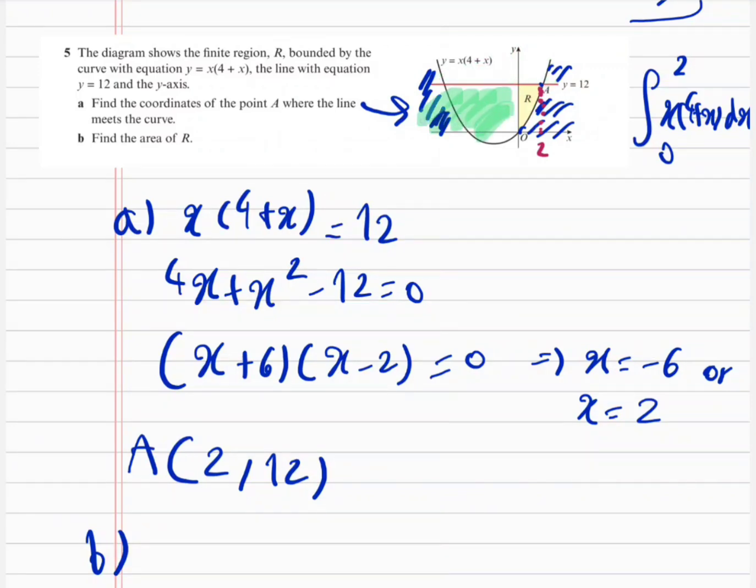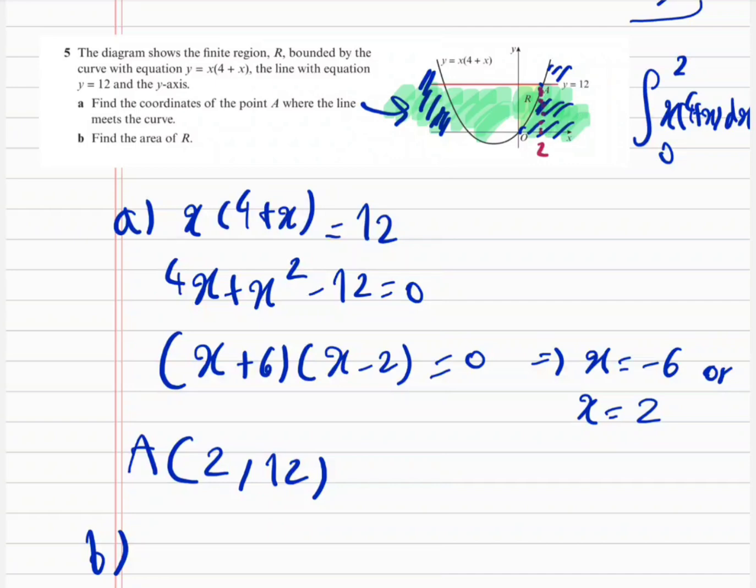That is irrelevant, because we only care about this side, where the lower limit is 0 and the upper limit is just 2.